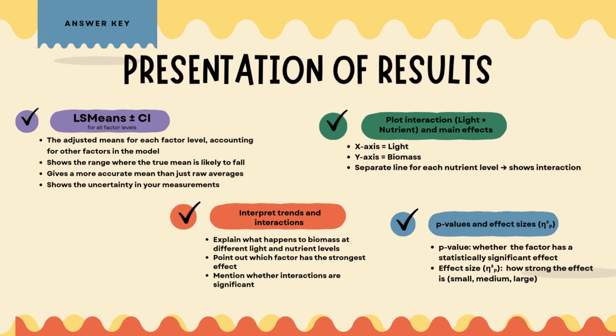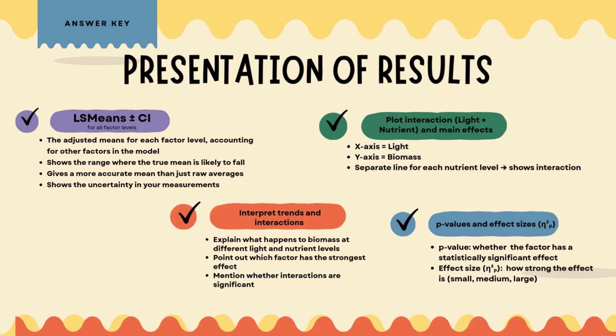Next, the results will be presented using LS-means with the 95% confidence interval for each factor level. LS-means provide adjusted means accounting for the other factors in the factorial design, allowing fair comparisons. The 95% confidence interval shows the uncertainty or precision of each estimate. Furthermore, main effects and interaction plots will be used to visualize how each factor influences biomass.